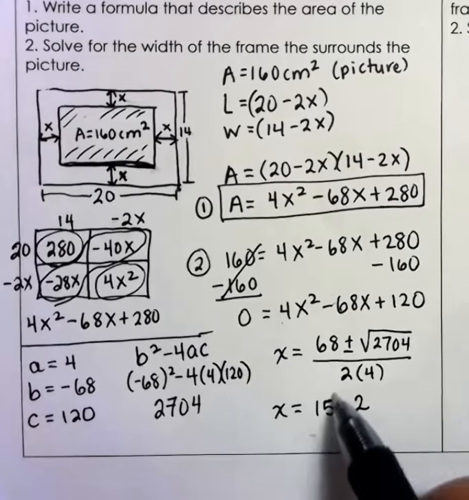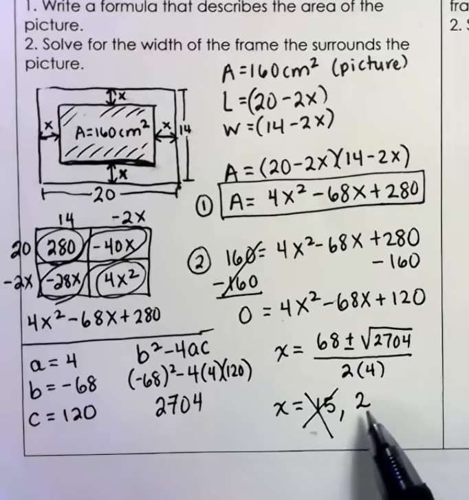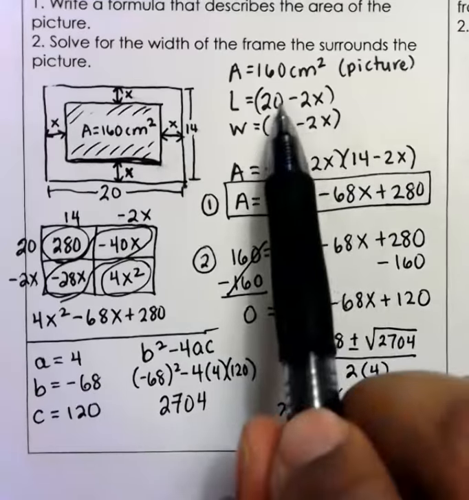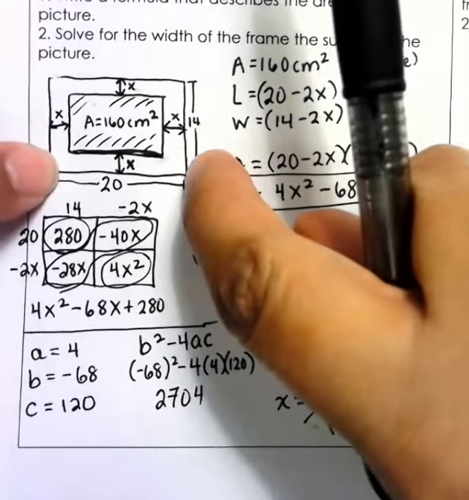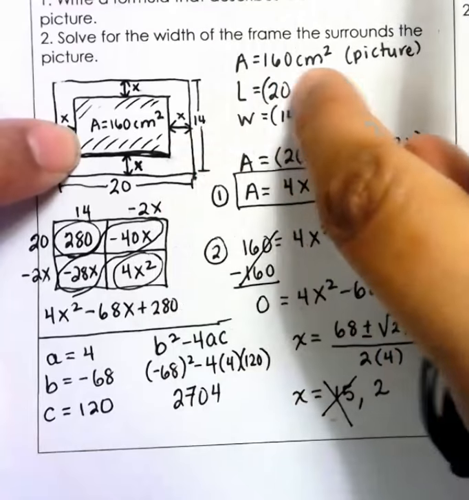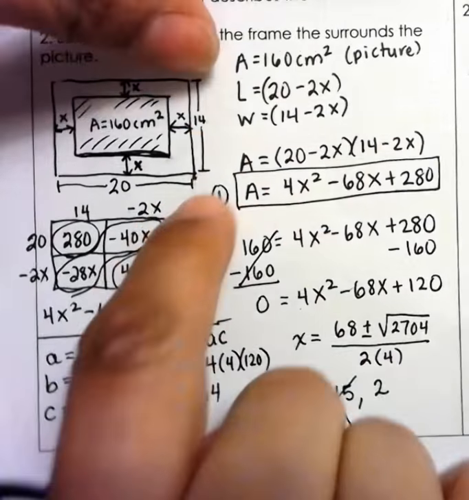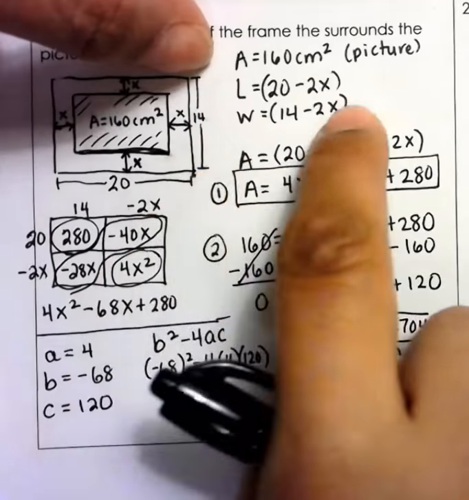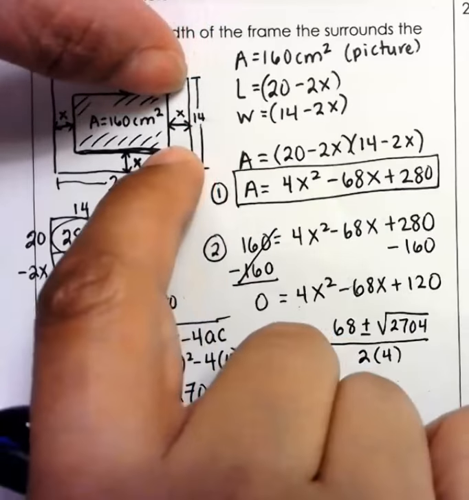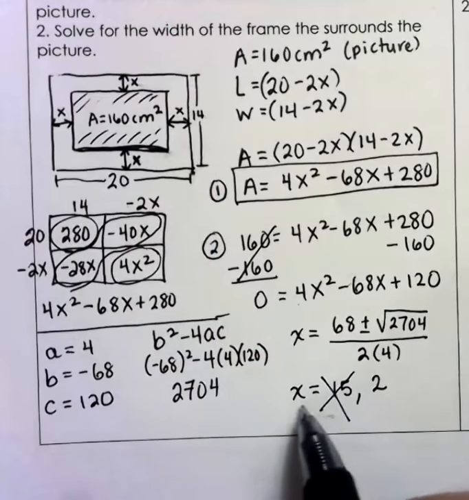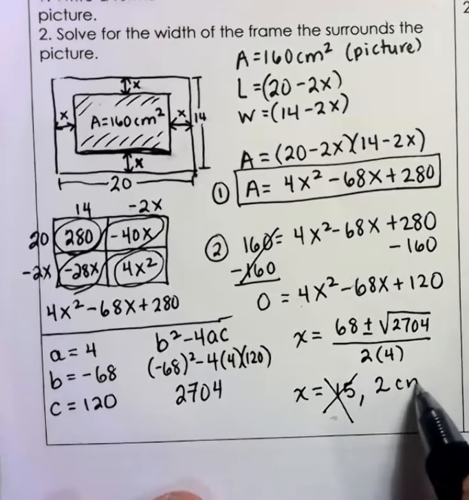So 15 can't be an answer. 2 is the only one that makes sense. So if the frame is 20, this would be 20 minus 2 times 2, which is 4, so 16. If the width is 14, 14 minus 4 would be 10. So the answer is 2 centimeters.